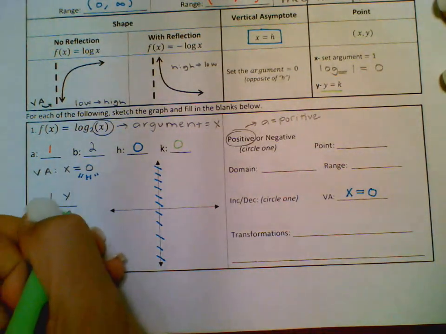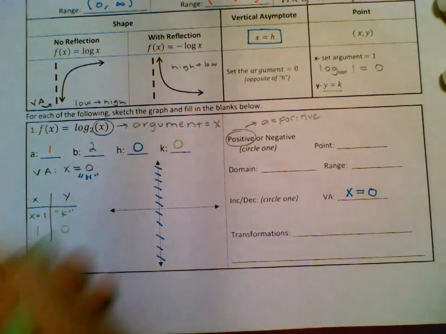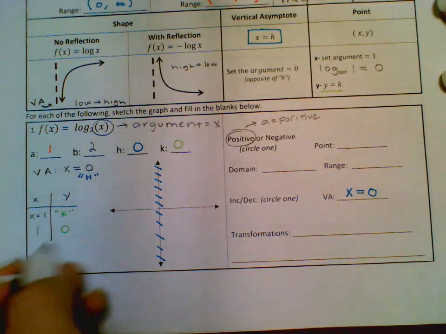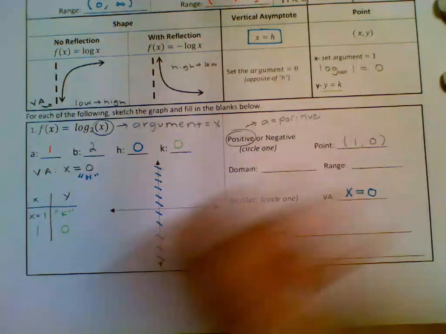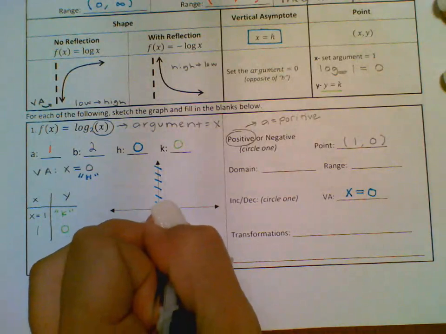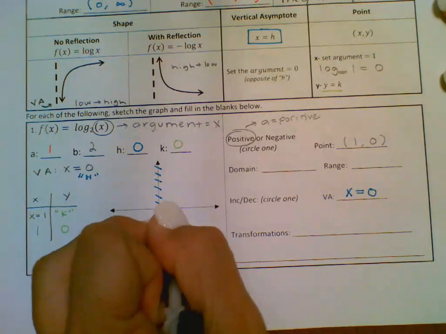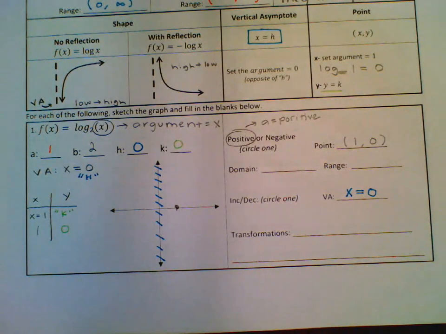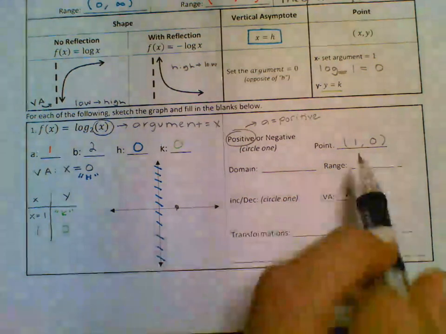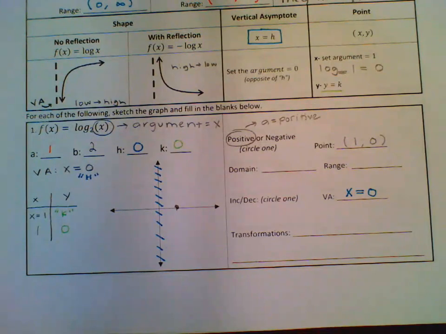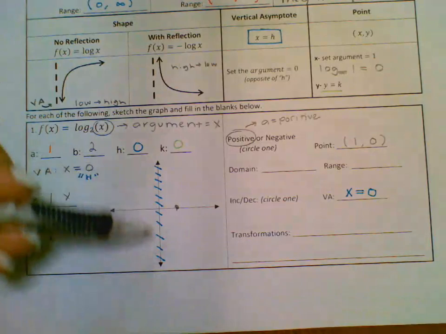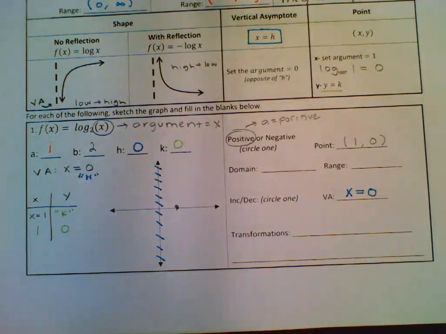In this case, 0. So my point is 1, 0. It should always be to the right of the asymptote. So the point should always be to the right of the asymptote, because when you make a log, the argument has to be a positive number. You can't get a negative answer.